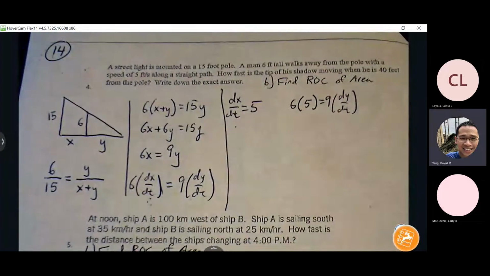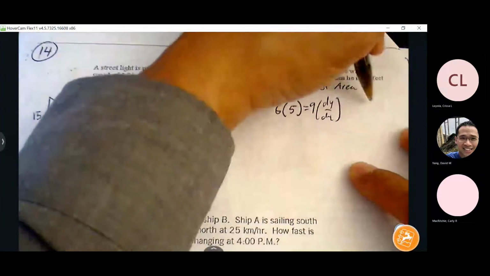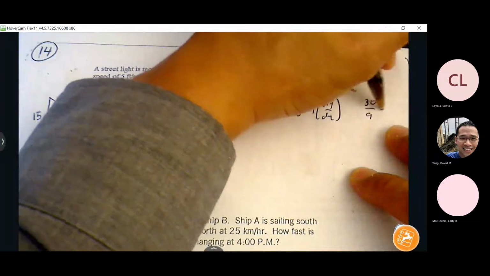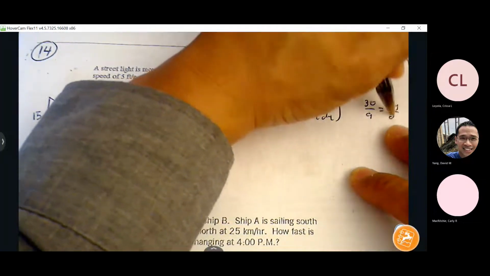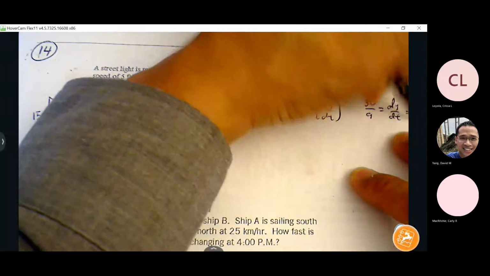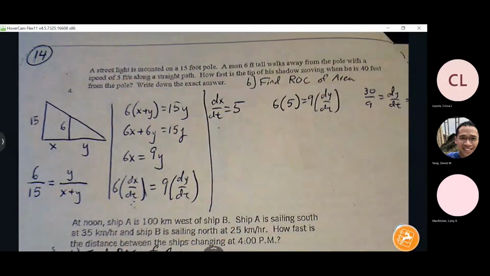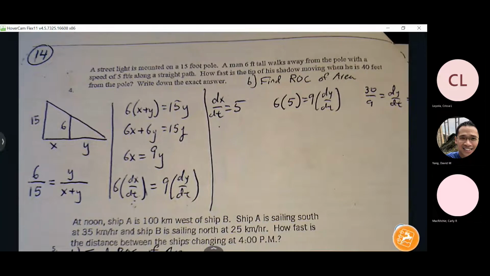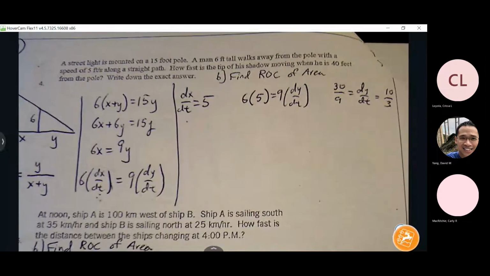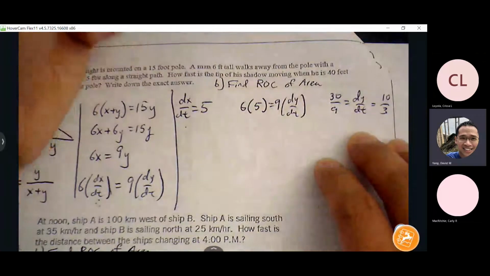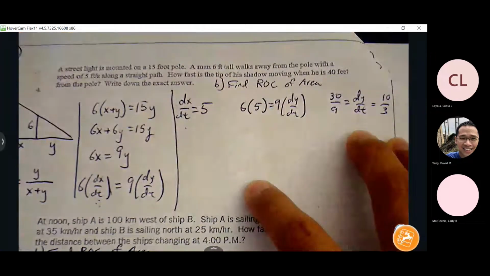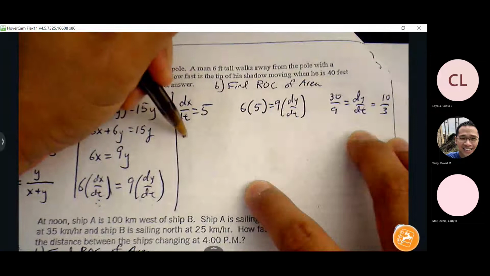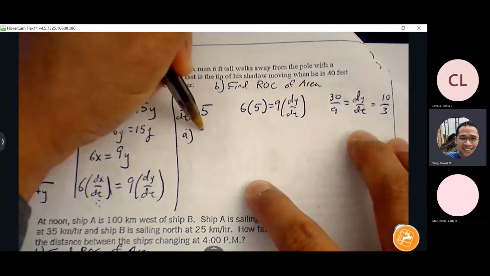Okay, divide both sides by 9. Okay. So we know dy/dt is 10 over 3.